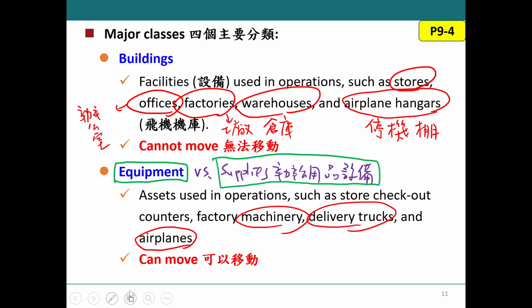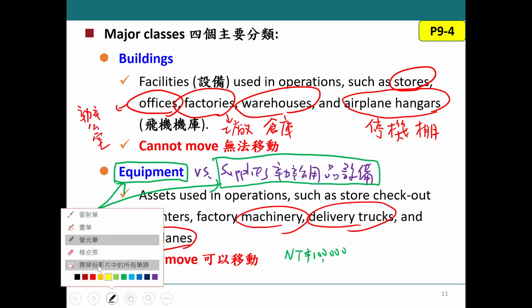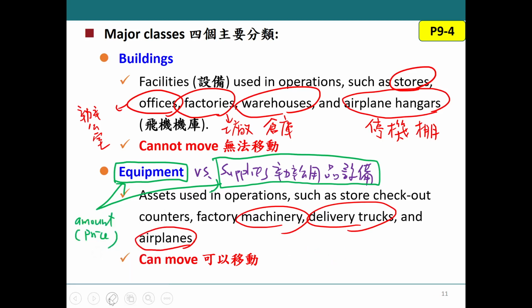So we use the price, the amount. So equipment is bigger, and supplies is a small amount.